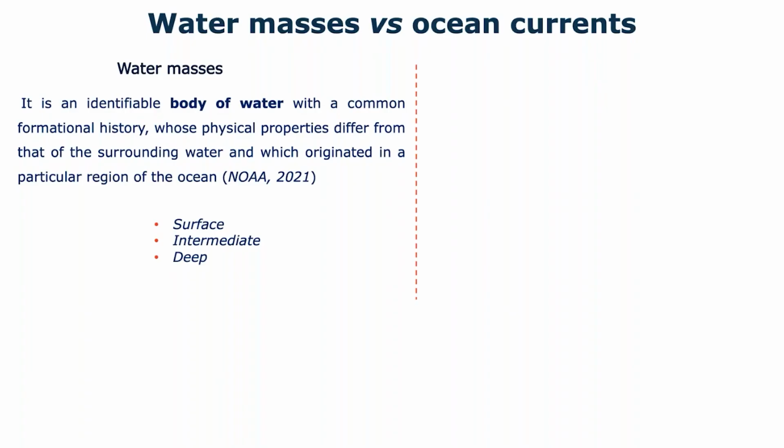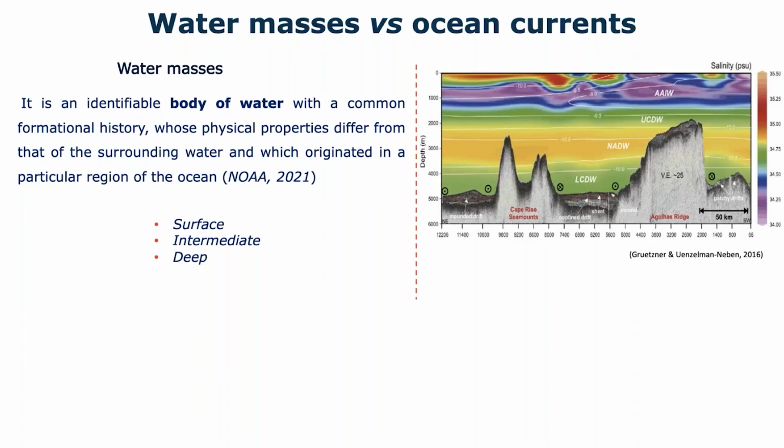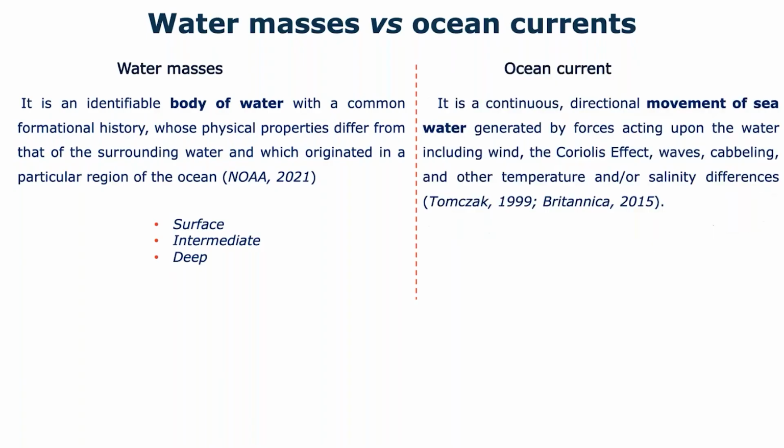Normally, we simplify into surface, intermediate, and deep, but it's more complex than that, because in some oceans today we have, for example, 6 or 7 water masses. Here in the Southern Ocean, you can see different water masses, surface, intermediate, and deep, and all of them are important in shaping the morphology of the seafloor.